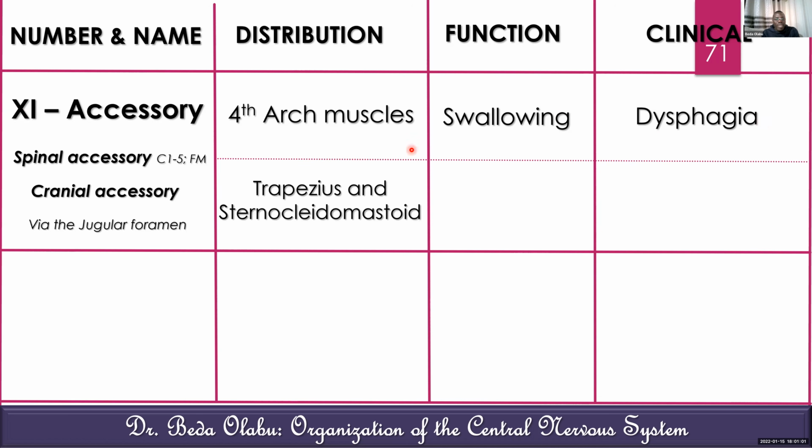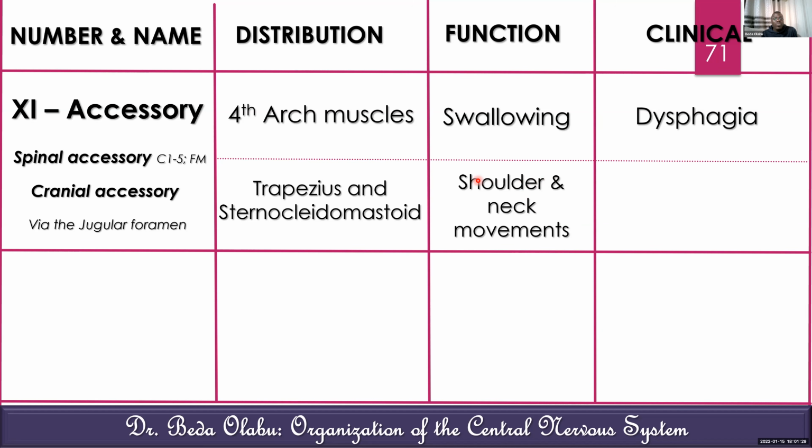Now, the spinal accessory root, the one that comes out that we see from jugular foramen, those fibers are directed to the trapezius muscle as well as the sternocleidomastoid muscle. Remember, trapezius is a muscle of the back as well as the neck. Sternocleidomastoid is a muscle of the neck. And so they're important for movement of the neck as well as movement of the shoulders.